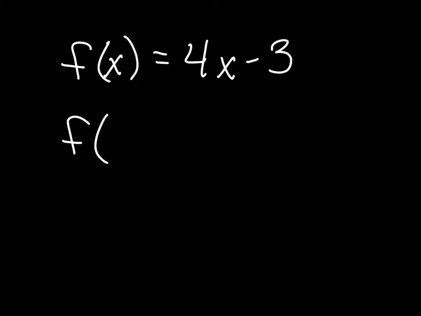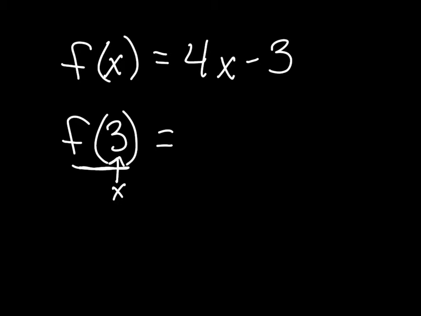We're going to write a function like this. f of x equals, let's just say 4x minus 3. And if I want to find what that f of x is, I have to plug in a value for my x. So I say I want to find what does f of 3 equal. Well, that's just asking me what does my y equal when x equals 3.